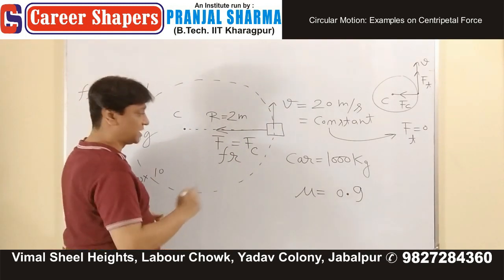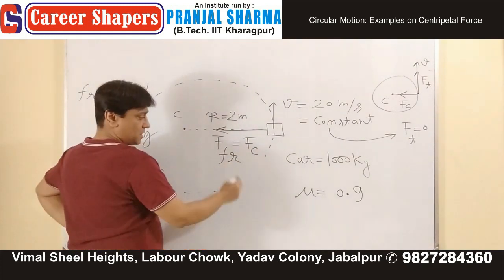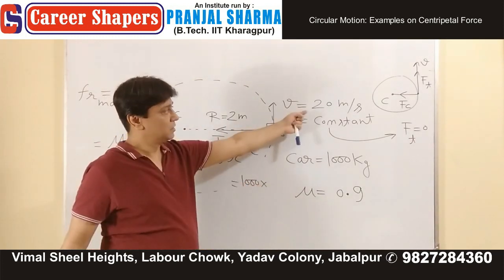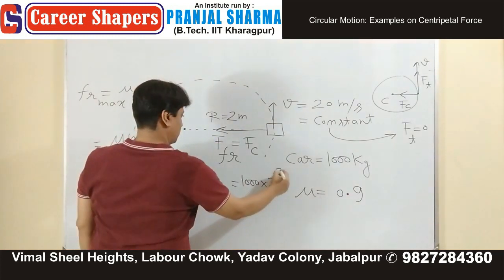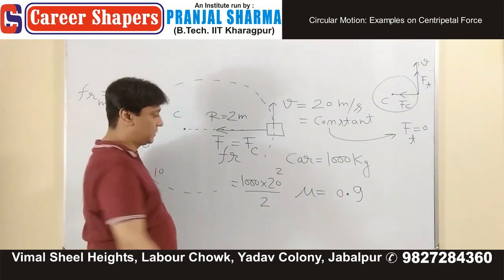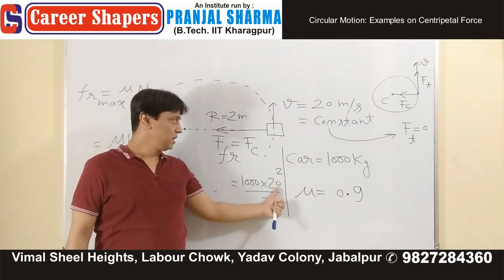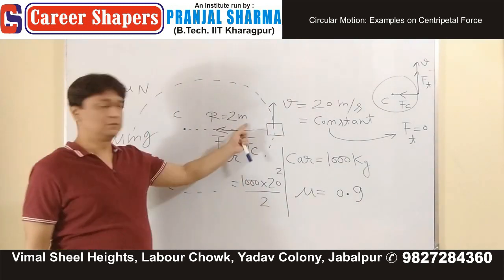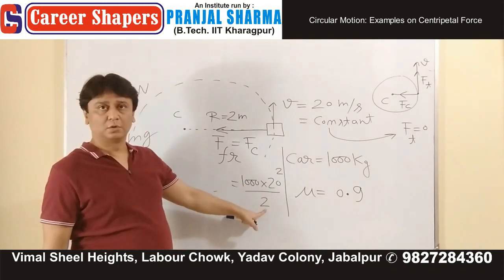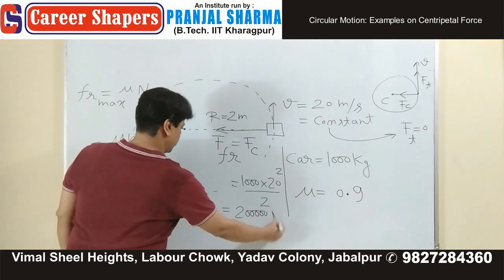Now let's finish this question. What's the value of F_C? F_C equals m v squared divided by R. m is 1000, v is 20, R is 2. 400 divided by 2 is 200, so 200,000 newtons.